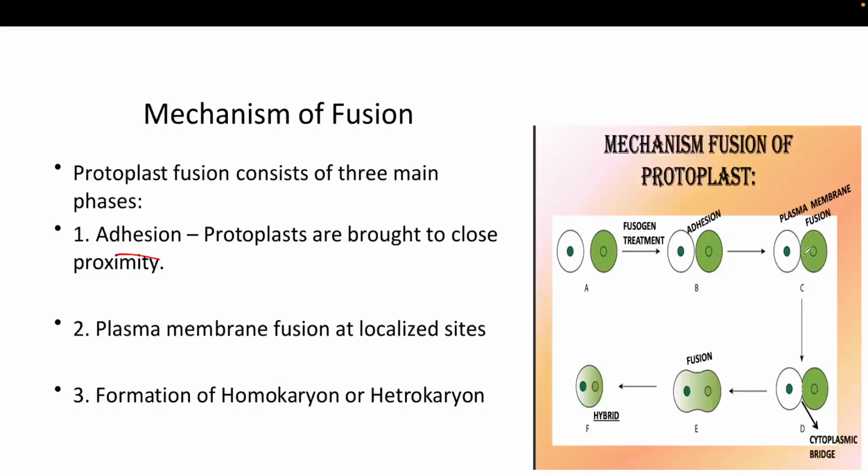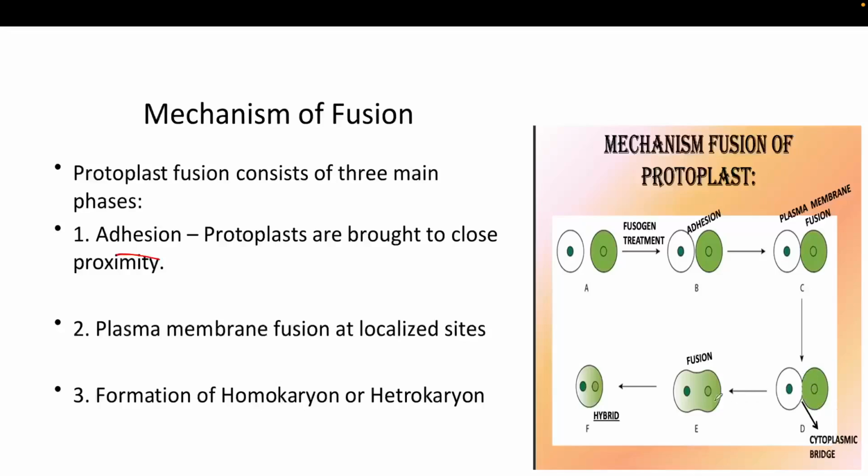The plasma membranes of the two cells fuse and create this cytoplasmic bridge. This is the cytoplasmic bridge, where there is no cytoplasm in the intersecting position, so that position is called the cytoplasmic bridge.